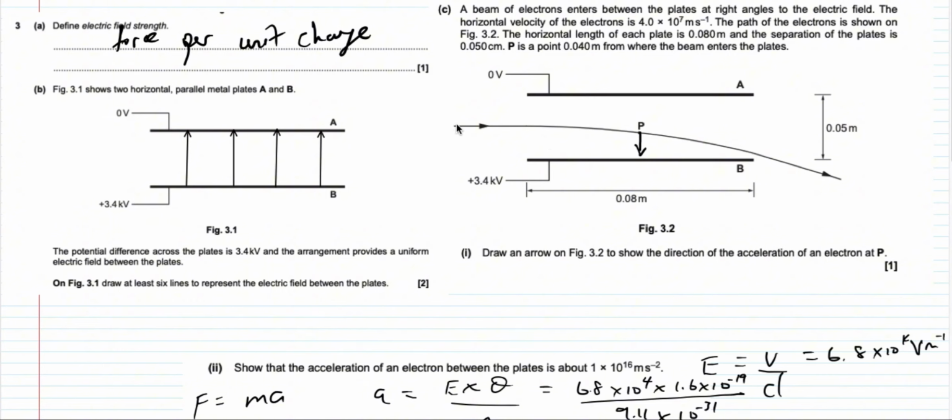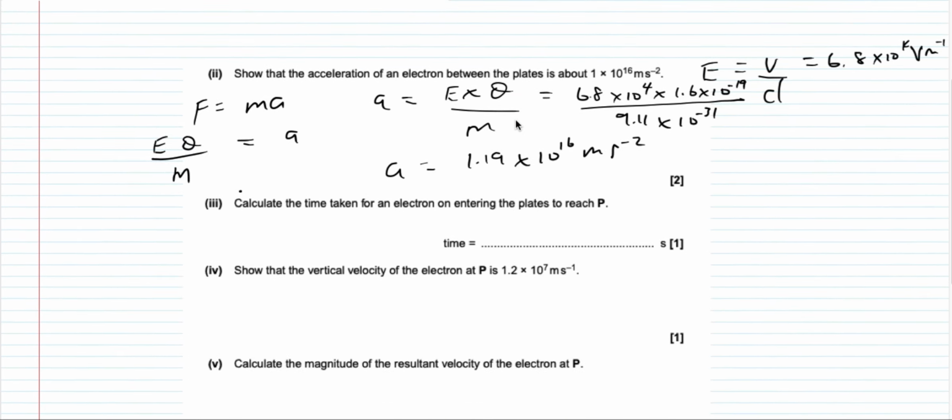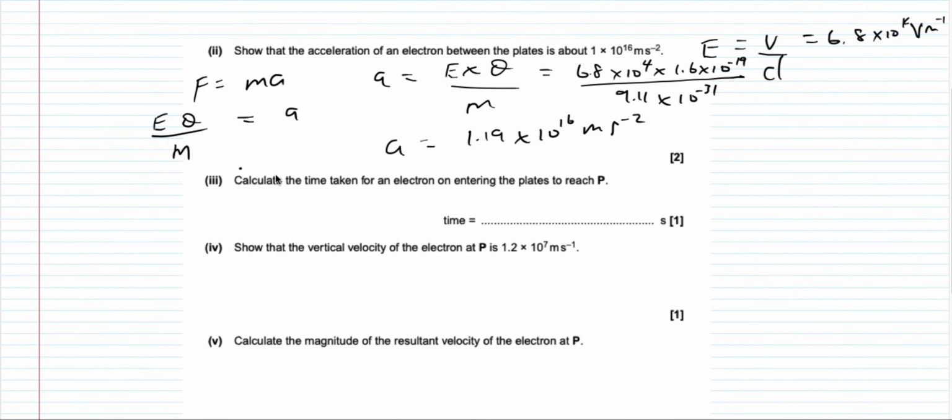The electron is fired horizontally at the start, so we can use the concept of projectile motion, and along the horizontal there's only one equation that we can use, and that is speed is equal to distance over time.